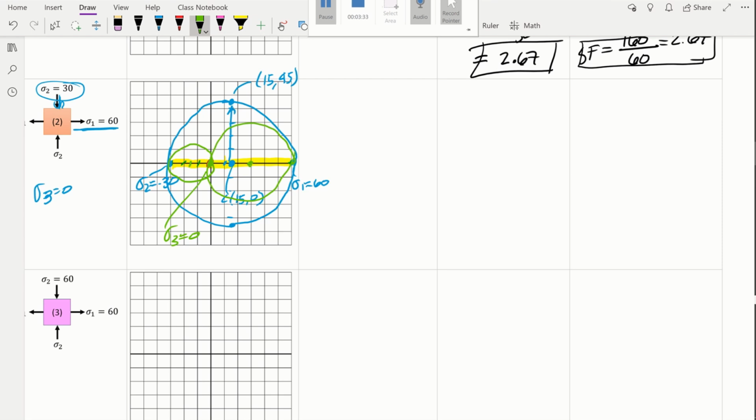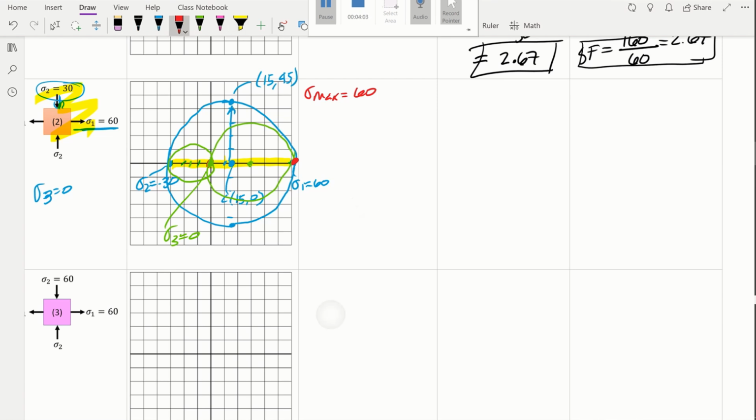Why? Because I can already tell, right, that the blue circle is going to be the biggest one. So that plane, this one that they gave us already, has the highest stress acting on it, right? So what is the max normal? So the highest value of the normal stress is this one here. So sigma max is 60. What is the highest shear stress? Well, we got 3 to pick from, right?